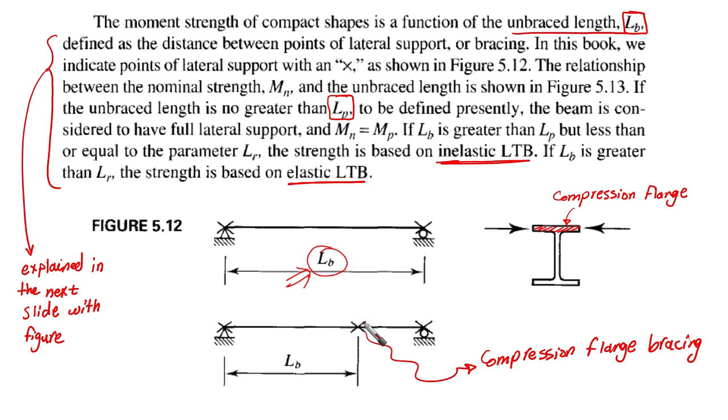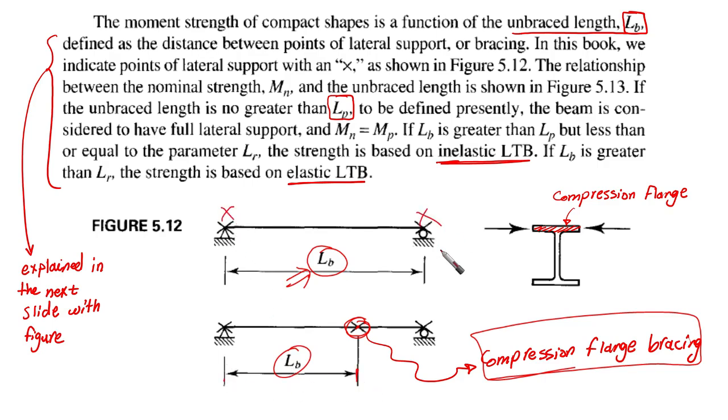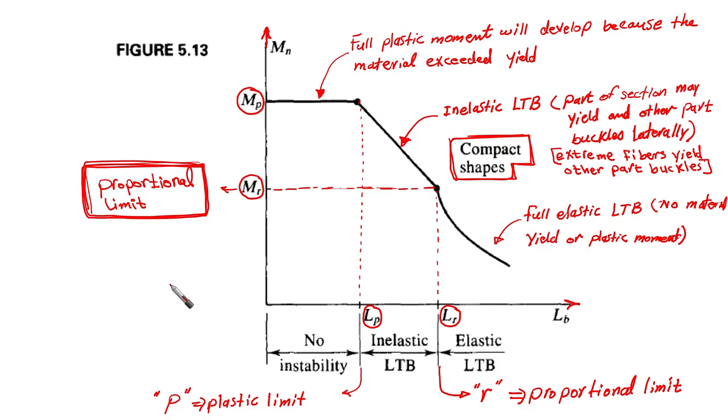So if we have a lateral support here for the compression flange, we call it compression flange bracing. This means that the distance from this point to this point is going to be LB. We're going to denote it by X, as you can see. X means that the compression flange is restrained. Actually, you can read this by yourself, but I'm going to explain it in a better way in the next figure.